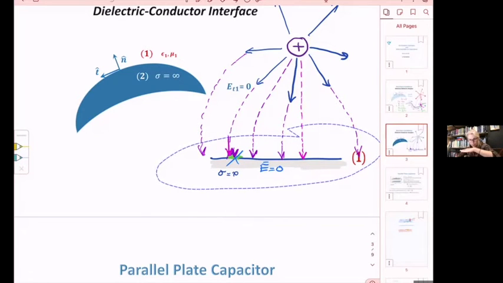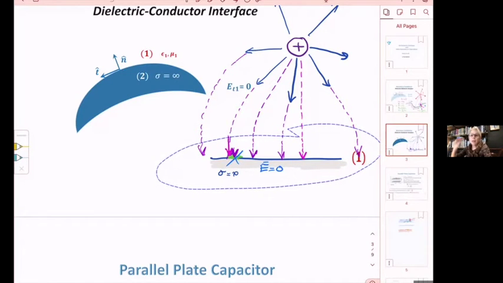And that forces the electric field, when it comes from the outside towards the conductor, to end on the conductor in a perpendicular manner, like you see here.